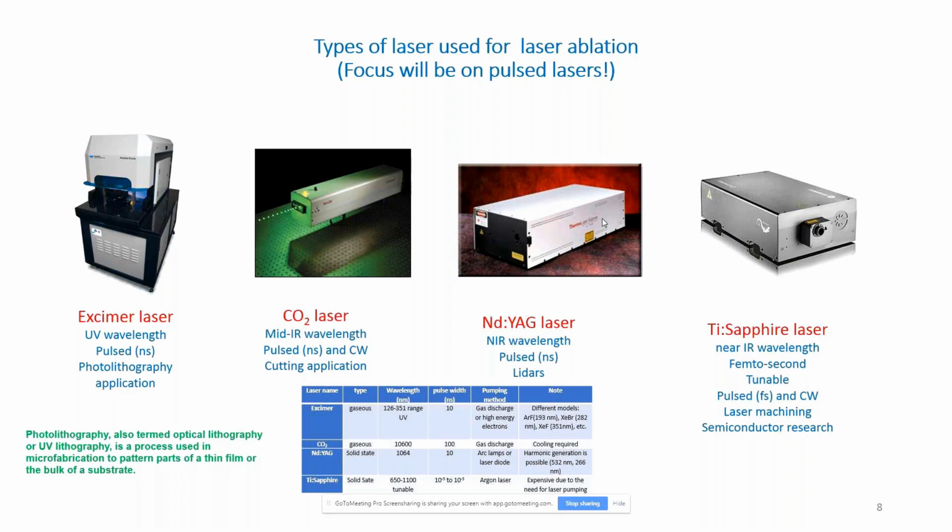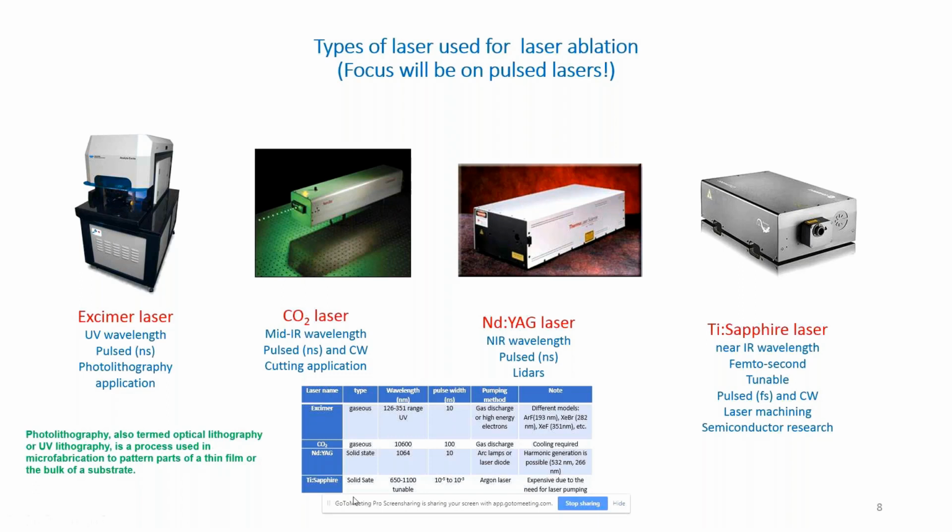So you put harmonic crystals and double the frequency, which would halve the wavelength. So for 1064, you can also get 532 nanometer and 355 nanometer, and even quadruple to 266 nanometers. So you can generate multiple wavelengths if you use harmonic crystals.